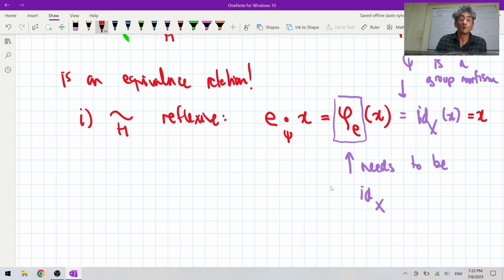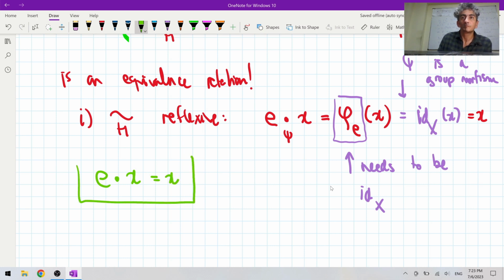So what have we seen? We have seen that the neutral element of H acts fixing X. So this means that X is related to itself.